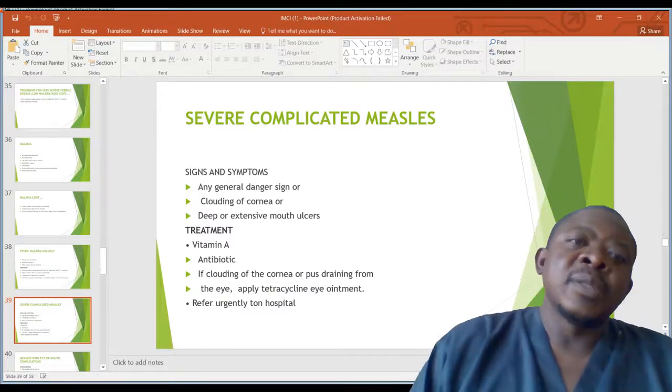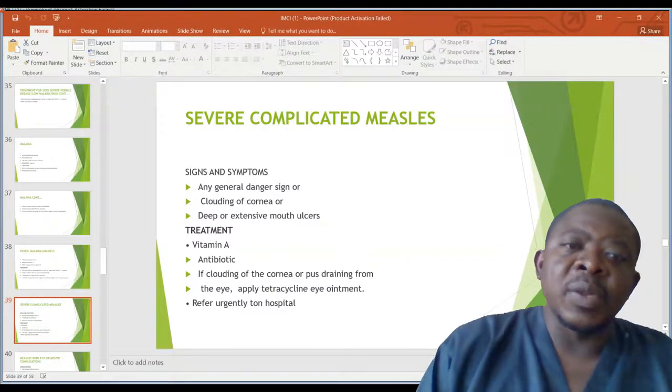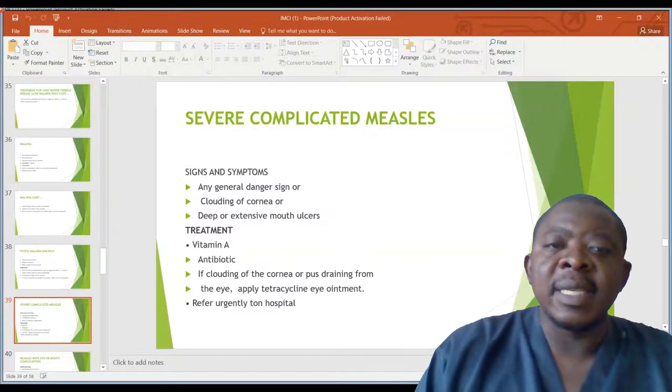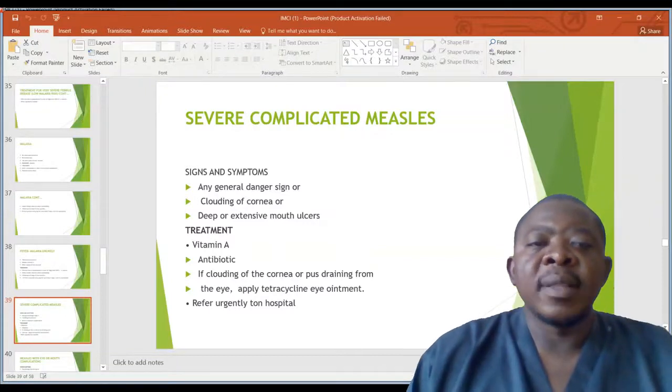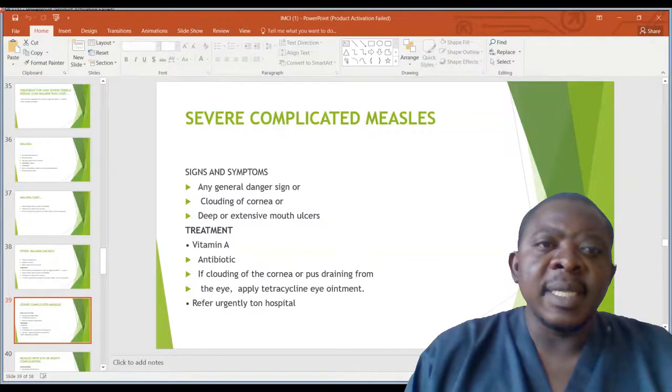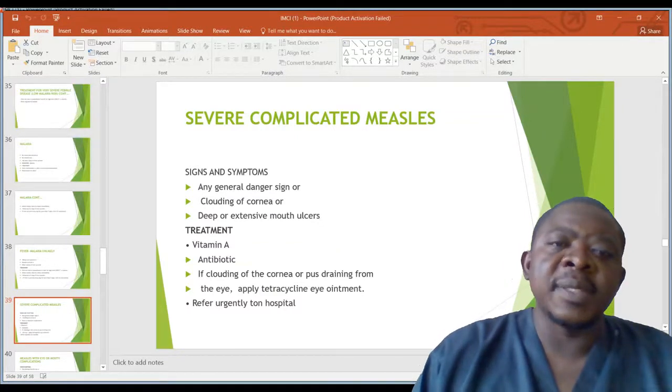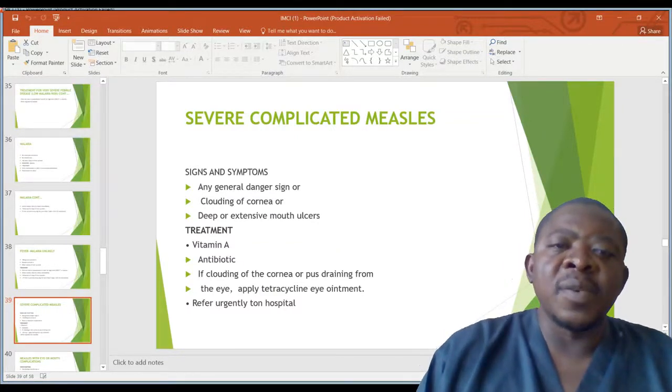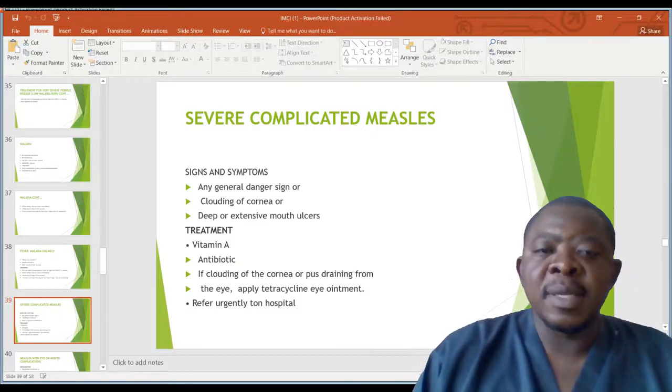Now for severe complicated measles. So for severe complicated measles, signs and symptoms, that is any general danger sign, then the danger signs specific to measles that can be seen include clouding of the cornea or deep or extensive mouth sores.